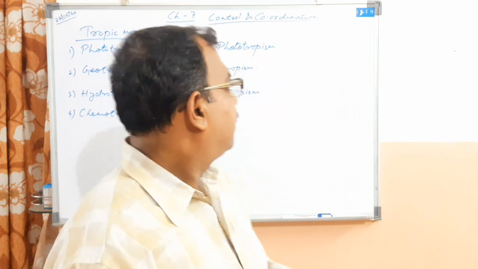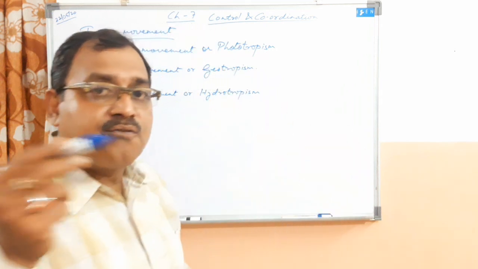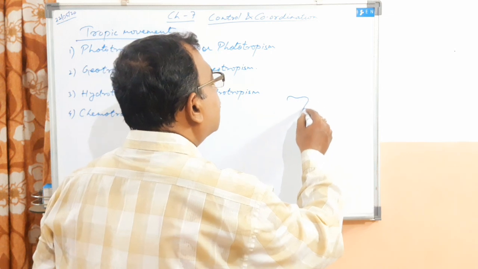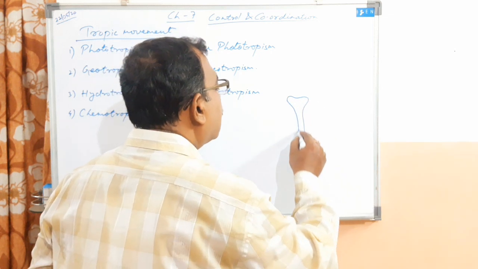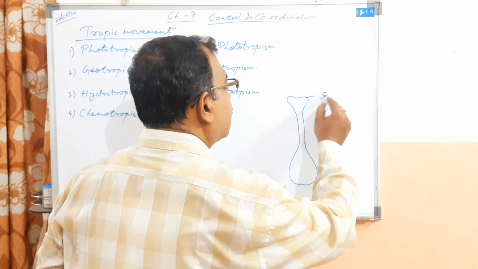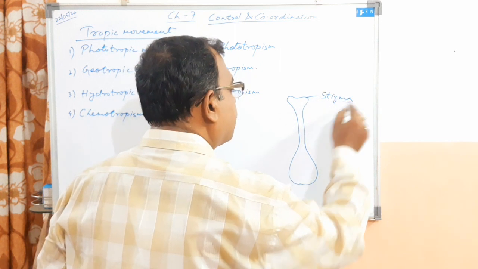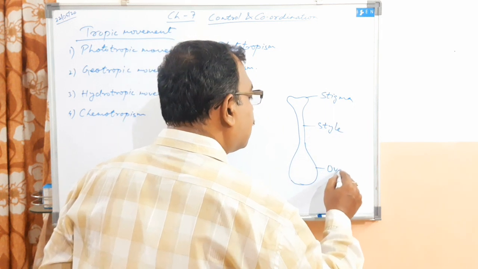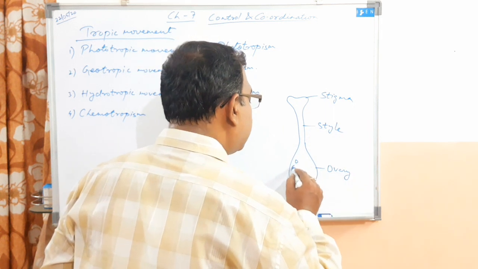If you remember, in the case of fertilization in plants, what happens? So this is the stigma. If you remember, this is the style and this is the ovary. Ovules are here.